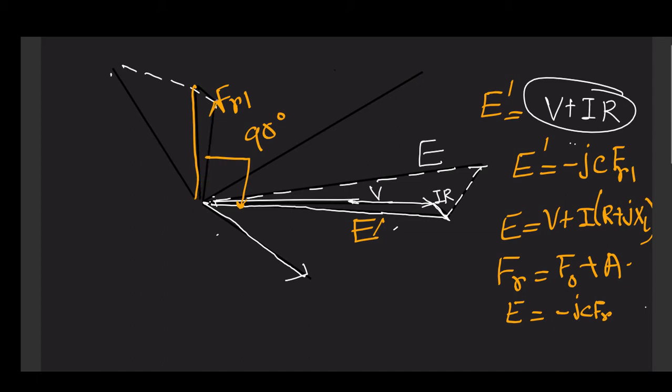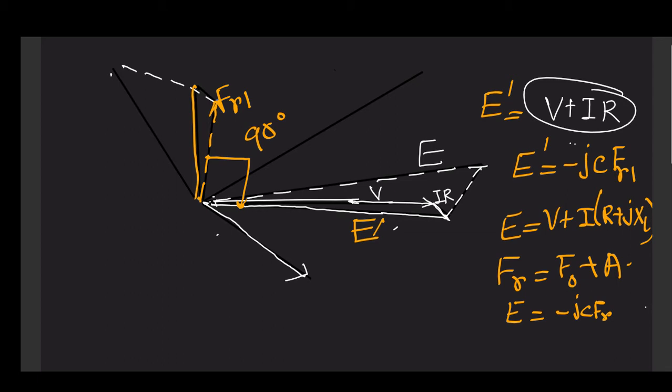Basically, this MMF I should show by a dotted line because these do not exist in reality. This FR1 we are just exploiting by hand drawing, but inside your machine what exists is F0 and A, and any leakage MMF if we consider, that is X.